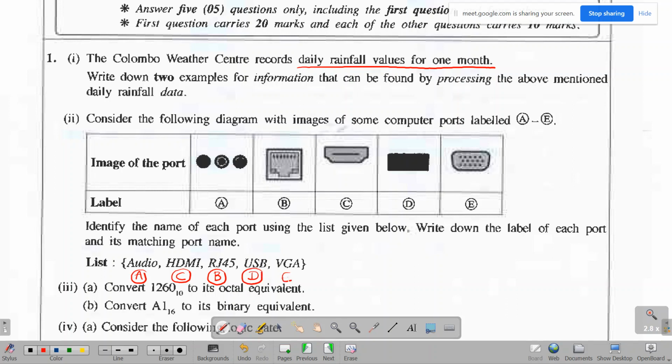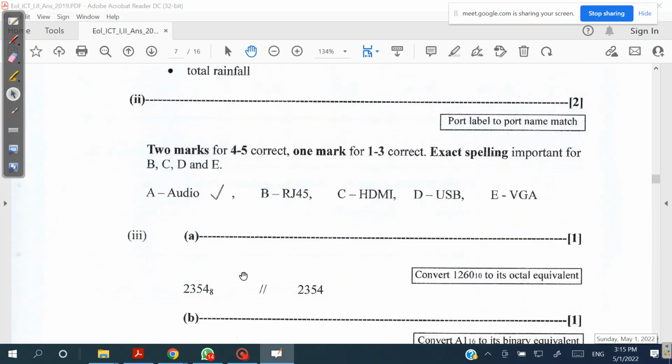And E, it is VGA, right? So A is for audio, B is for RJ45, C is for HDMI, D is for USB, and E is for VGA.